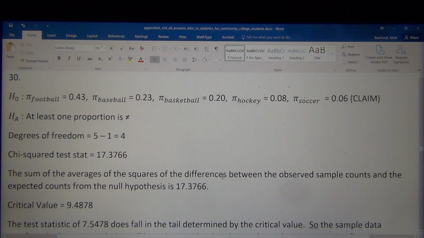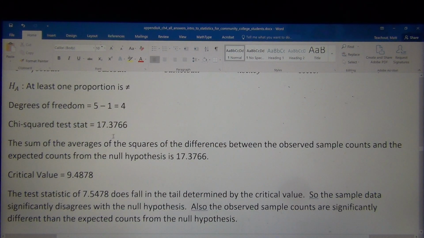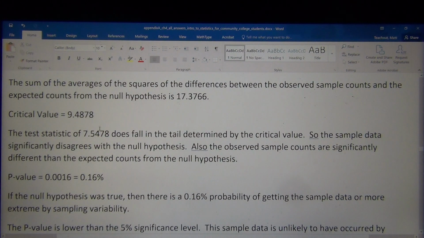All right. So again, if you're trying to explain that test statistic, it is the sum of the squares of the differences between the observed sample counts and the expected counts from the null hypothesis, divided by the expected counts, and it is 17.3766. Again, that's really just the definition of chi-square. Our critical value was 9.48.